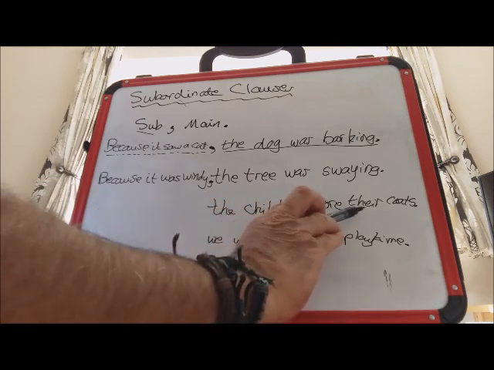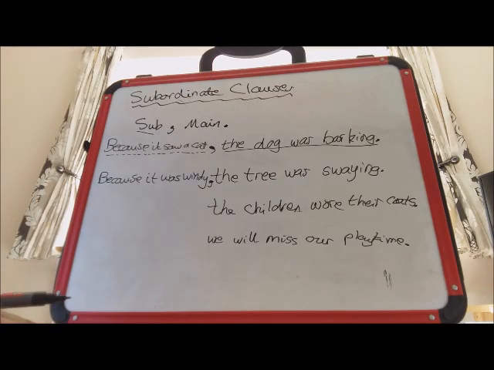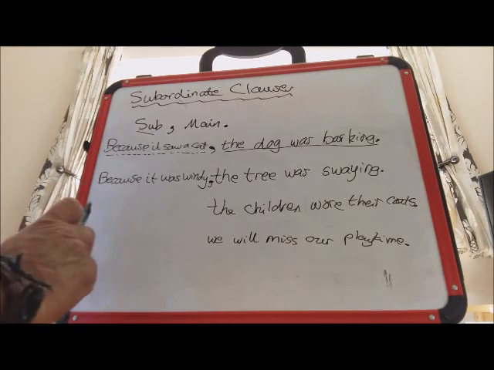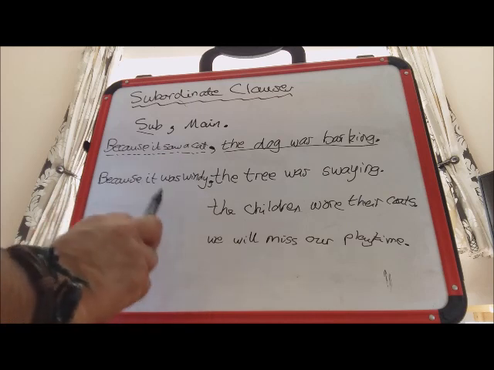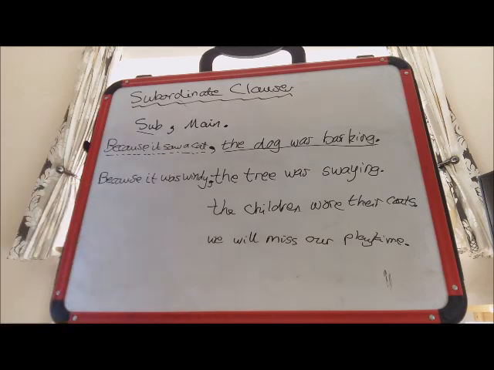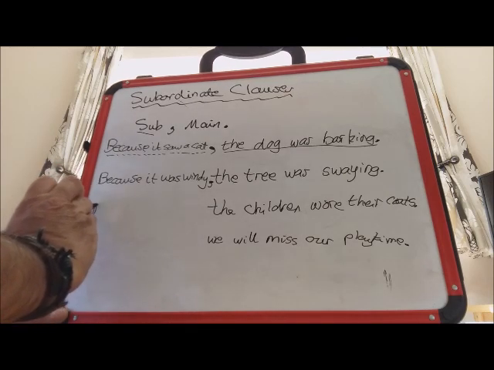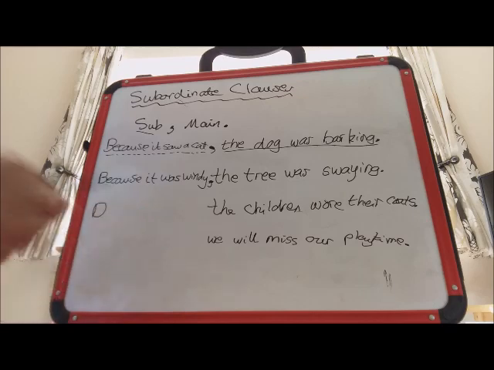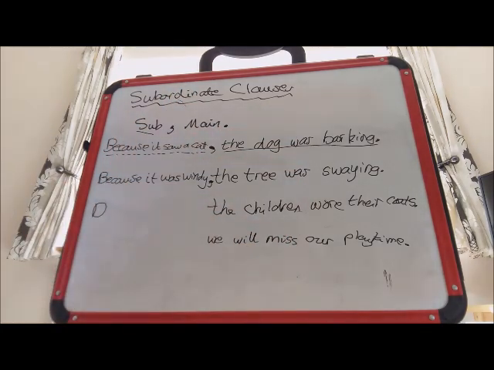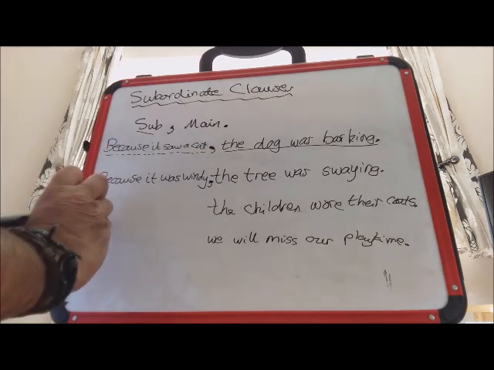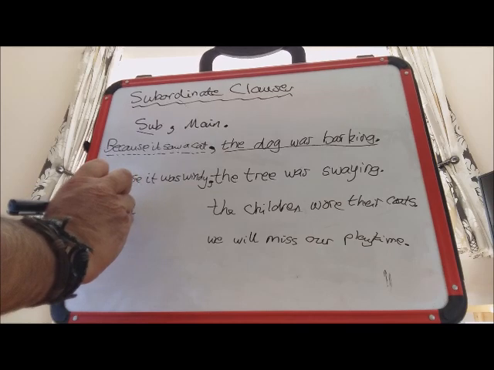Number 3, the children wore their coats. Now, you could say because, or since, or due to, but what you might have done is thought of one of those U-turn sentences, you know, where the sentence kind of turns itself round. So I'm going to try one of those. So, despite.